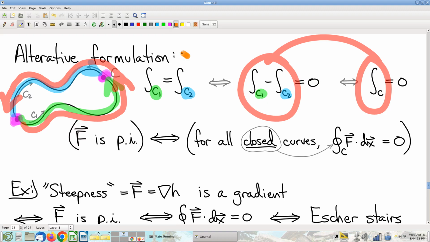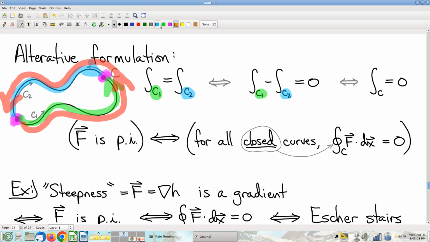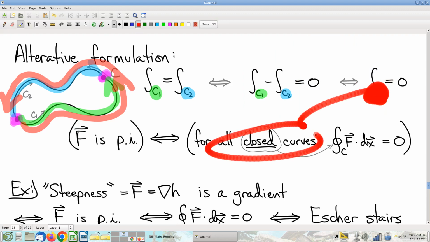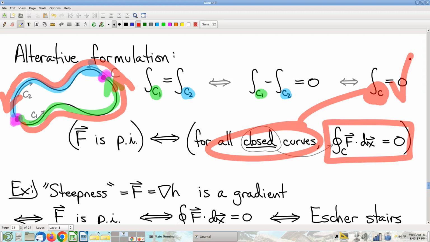Instead of saying that I need the same values for the line integral along all curves that have the same starting point and ending point, it rolls off the tongue a little more easily to say, for every closed curve, I should use red here, for every closed curve, I just need the line integral to be 0.